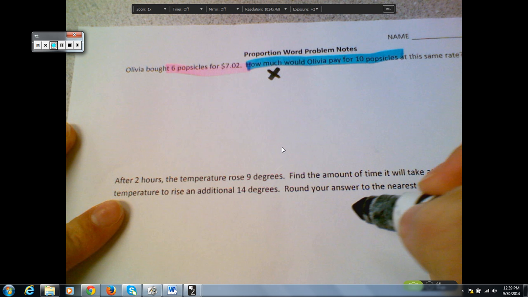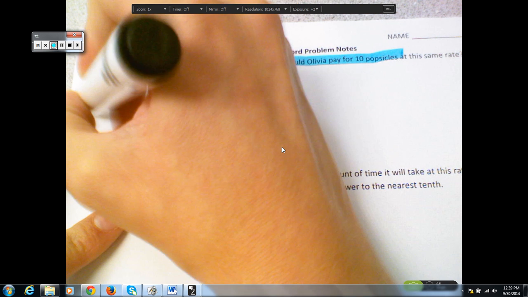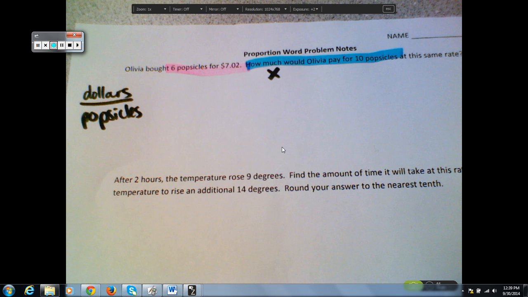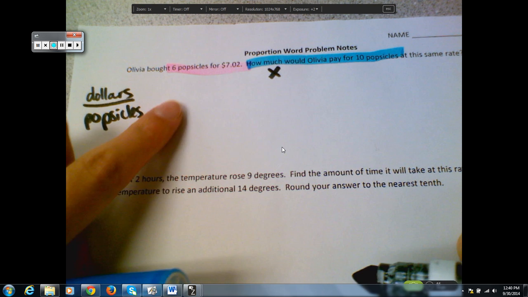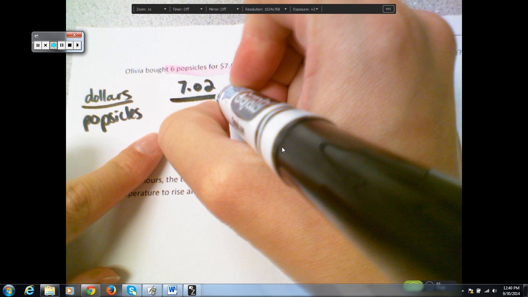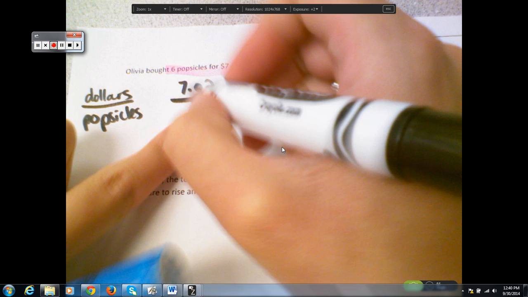So what I'm going to do is compare dollars to popsicles. Now, I could have done it the other way around, but I'm just choosing to put dollars on top, so that's how it's going to go. Dollars compared to popsicles. Because I have this written out, now I don't need to label everything within my answer. So $7.02 matches with 6 popsicles, so I'm going to put a 6 on the bottom.